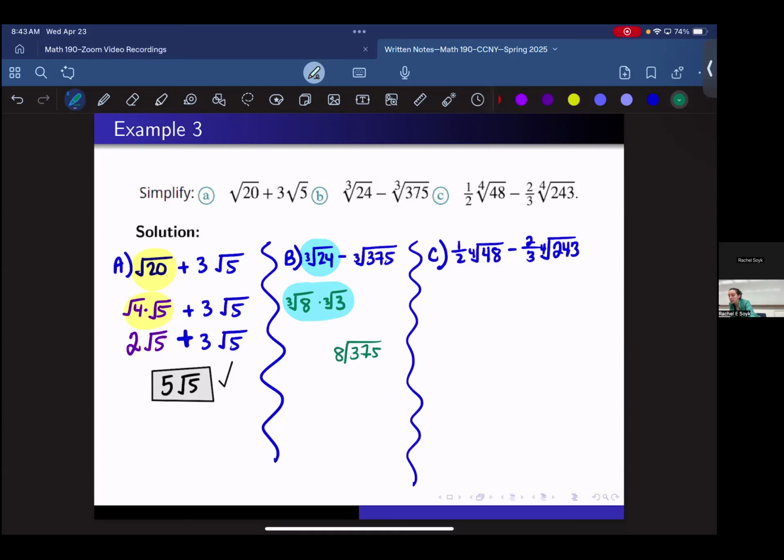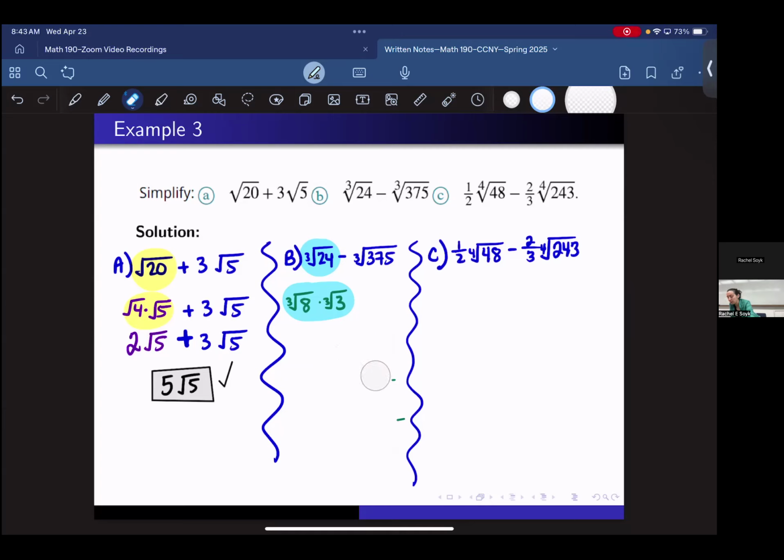So 8 goes into 37 4 times, and then 8 goes into 55 6 times, right? And then we have 7 left over. So it doesn't go in. It needs to go in perfectly.